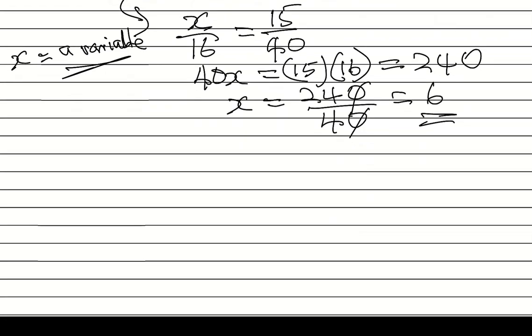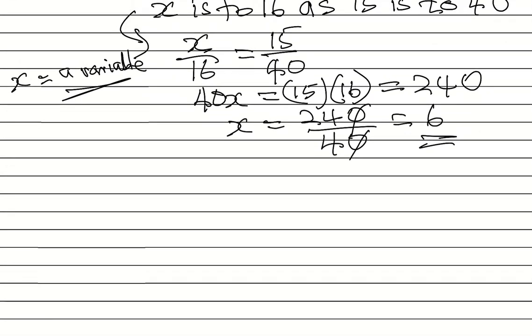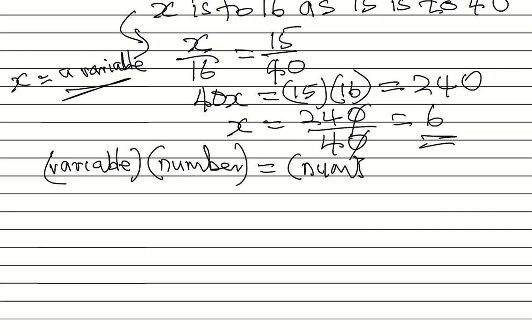So notice something here. What we did up there is we had a variable. All right? We'll multiply it by a number. It's equals to then another number, right? And we'll multiply it by another number. So that is what we just did up there.